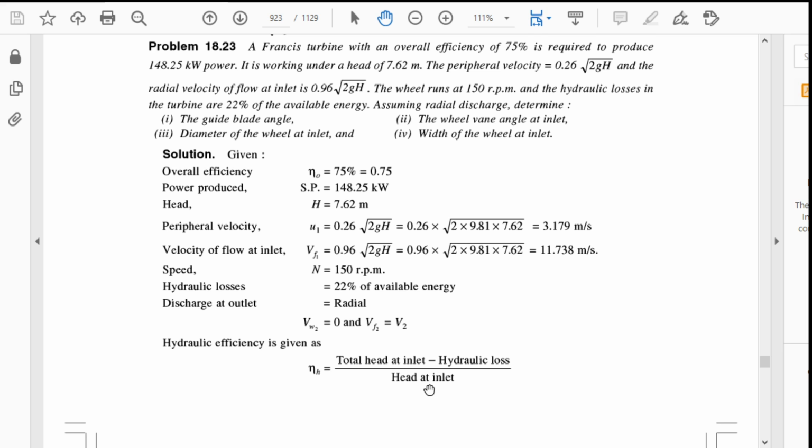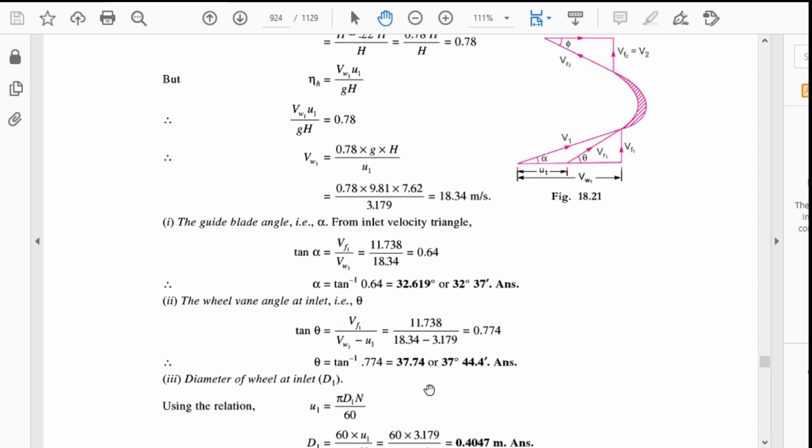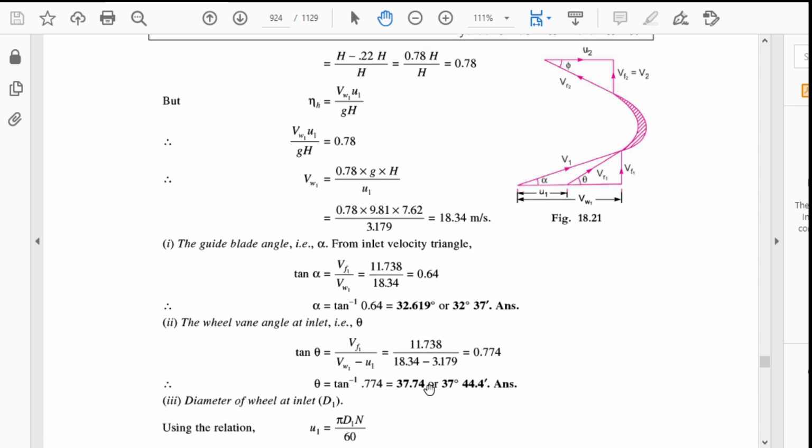This is the general formula for hydraulic efficiency. Here total head at inlet will be H, the hydraulic losses are 0.22 of H, and the head at inlet is again H. So this hydraulic efficiency will become 0.78.